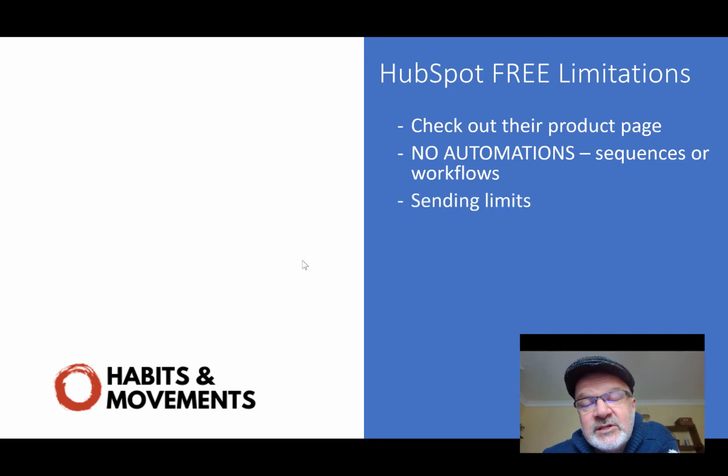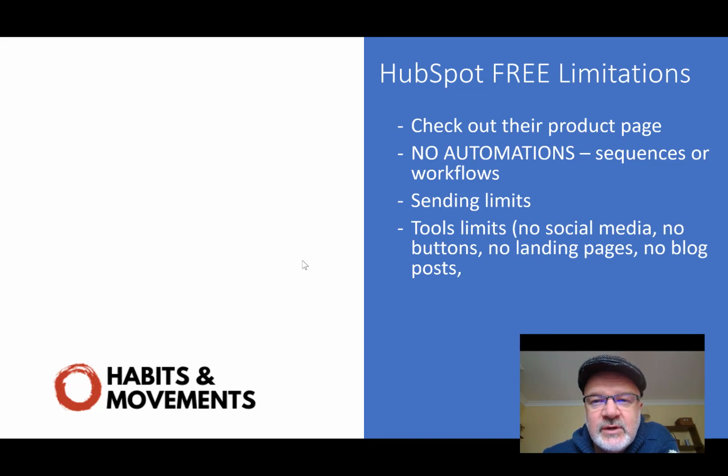There are some sending limits as to the amount of emails you can send in any given month. Just be aware of that. Check it out against your normal sending limits and so on. One way around that, obviously, is to integrate with something like MailChimp and let MailChimp do your bigger mailings. That's one of the integrations you can put into it.